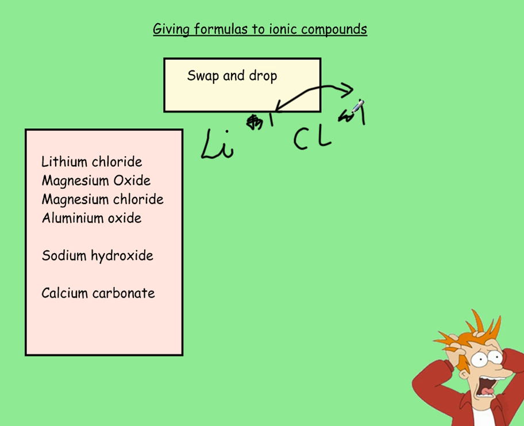In this case, they're both the same. And you drop them down. And what I mean by dropping them down is they come down here, like this. So you swap the numbers and drop them down. If they are 1, like these, you ignore them. So you wouldn't mention 1, because that means 1 on its own. And if they are the same, you also get rid of them. So the actual formula of lithium chloride, so these are both 1, so get rid of those, is LiCl.